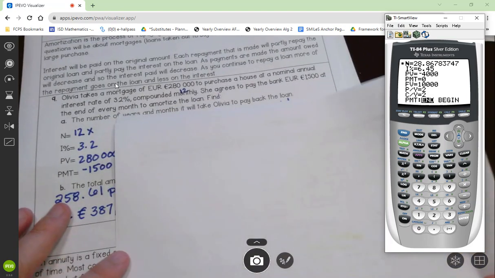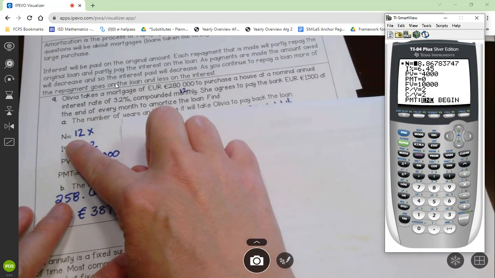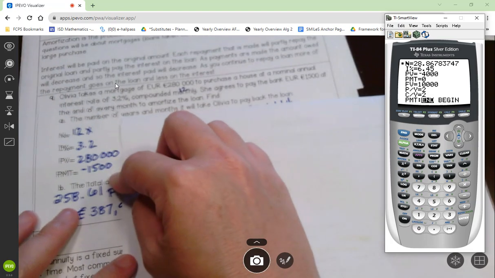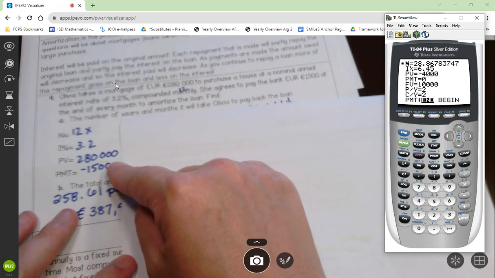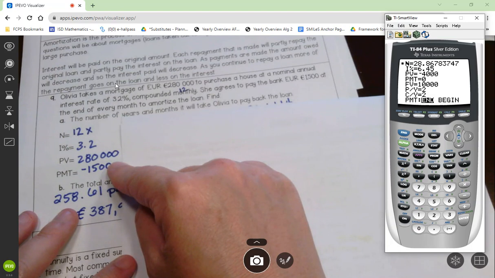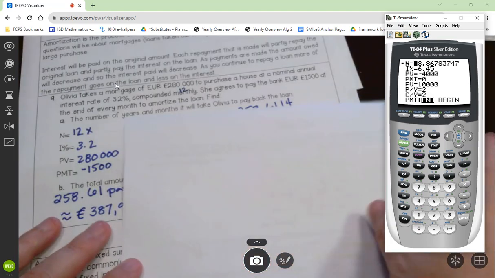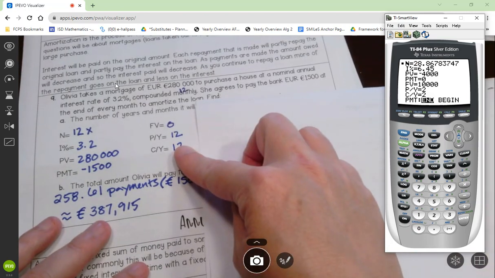We don't know how many years, but we know it's compounded 12 times, so it'd be 12 times the number of years. The interest rate is 3.2. And the present value is $280,000. And that money is coming from the bank to Olivia, so it's positive. The payments, however, go from Olivia to the bank, so those are negative.